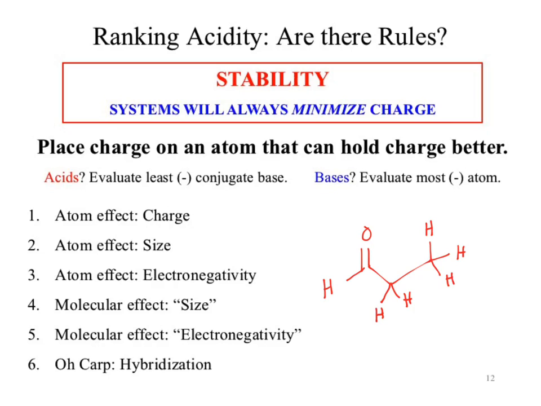If you don't know the answer, which I fully expect you to not know the answer right now, you need to try removing every single hydrogen and evaluating the conjugate base of every single hydrogen. How many hydrogens are in this structure? 6. Does that mean you have to draw 6 different conjugate bases? No. But you just said draw every single one.